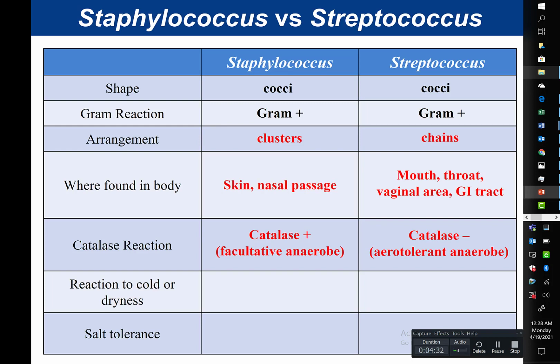For organisms that are peroxidase positive, meaning they have peroxidase, they are going to break down hydrogen peroxide. And when they do that, they're just going to form water. They're not going to form more O2 because these organisms don't use O2 as their final electron acceptor. And so for Streptococcus, they are catalase negative.